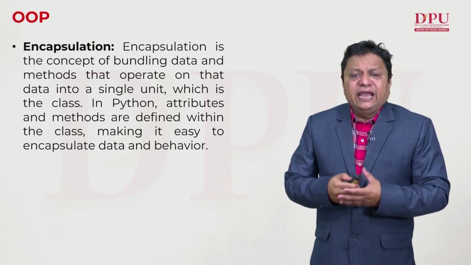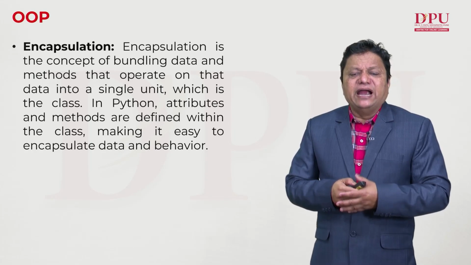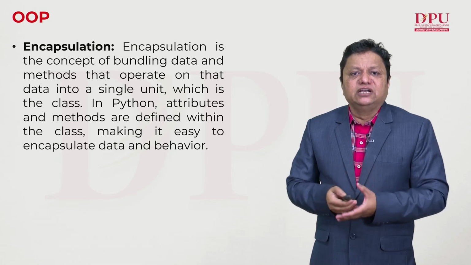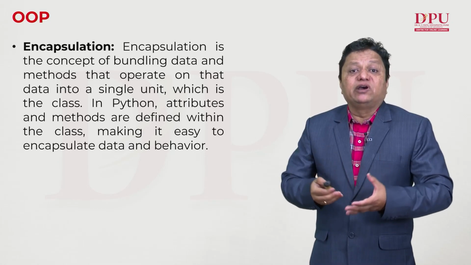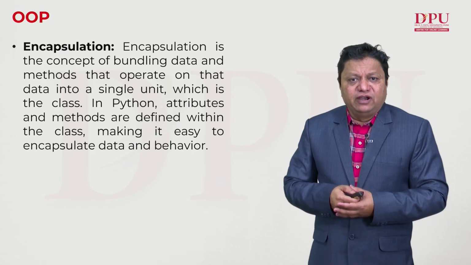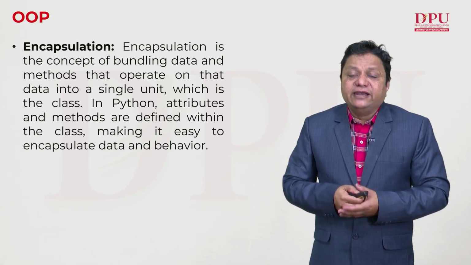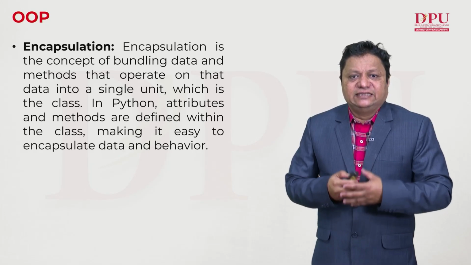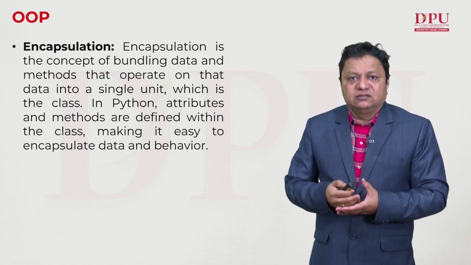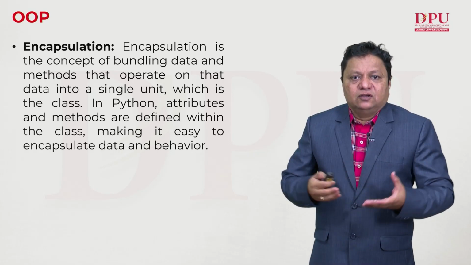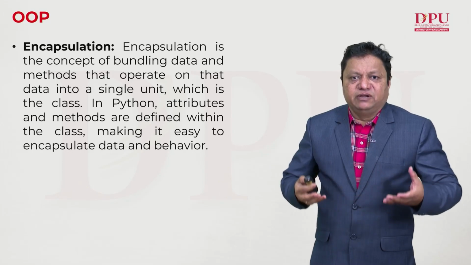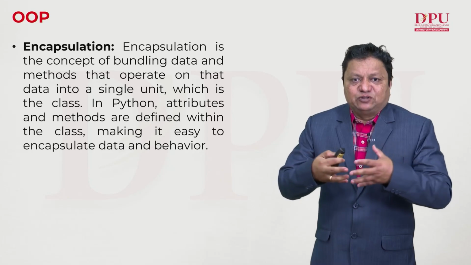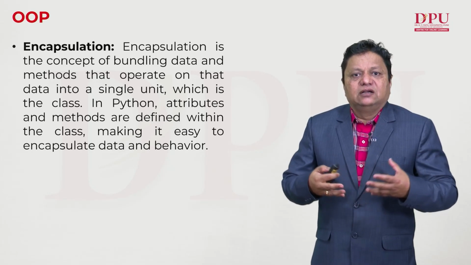Encapsulation. Encapsulation is the concept of binding the data and the methods that operate on that data into a single unit called a class. So when you create the object of a class, you are achieving encapsulation. Means what? What will the object contain? The object contains the data and the methods which operate on that data. They are bound together, encapsulated together, and are called an object.